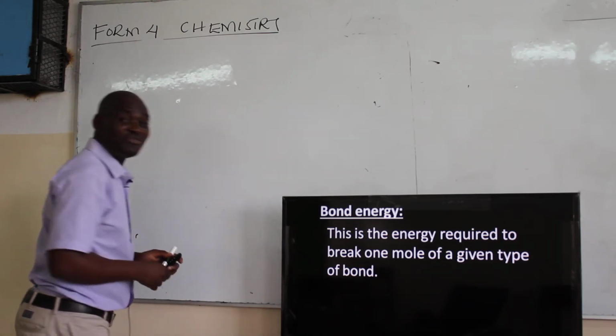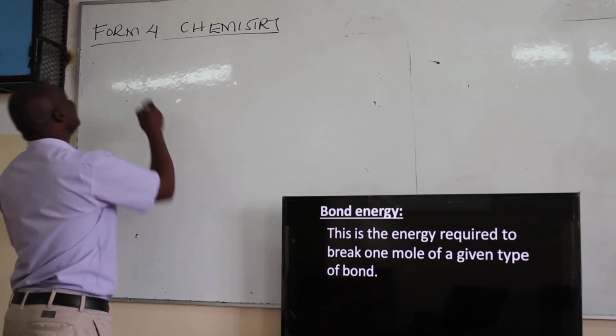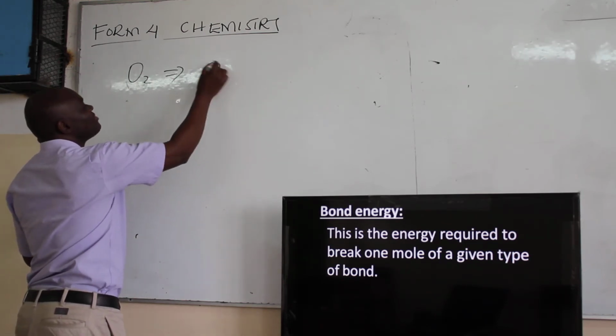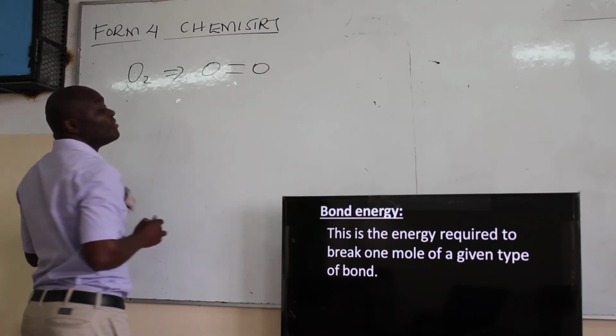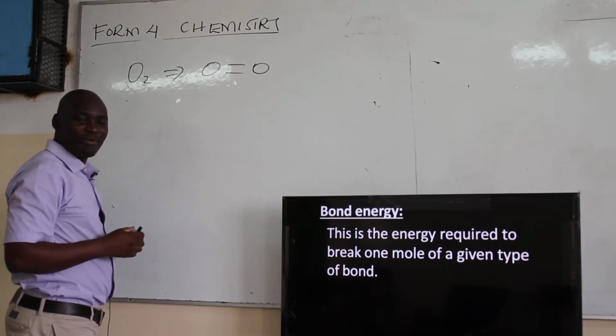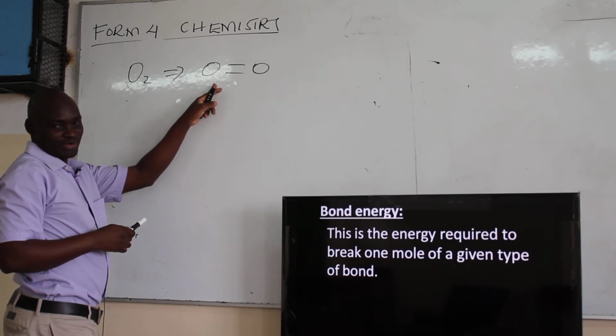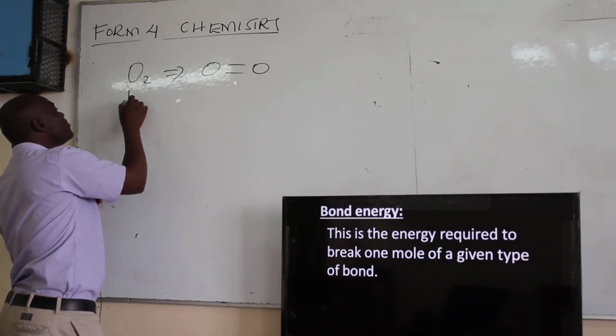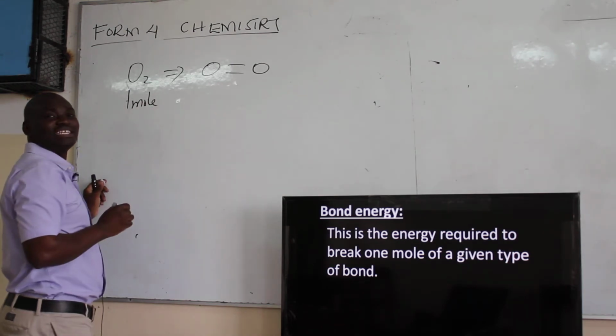If you're talking of one mole of a given type of bond, let us say oxygen gas. The oxygen gas is made up of an oxygen-oxygen double bond, which is a type of bond. When we write one molecule, this means one mole of oxygen gas.